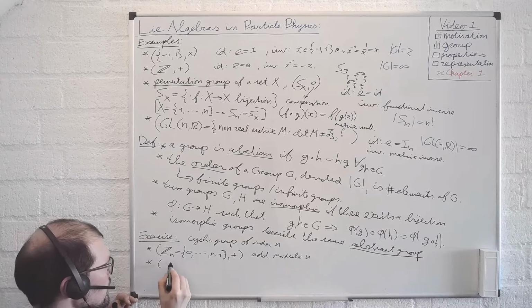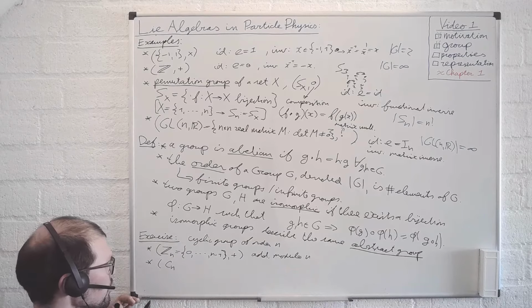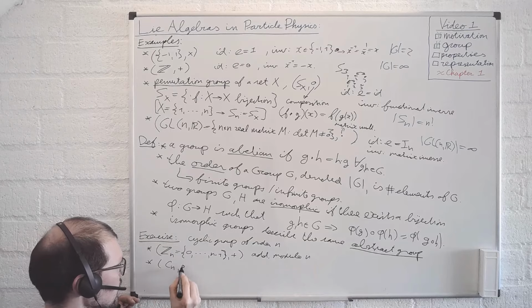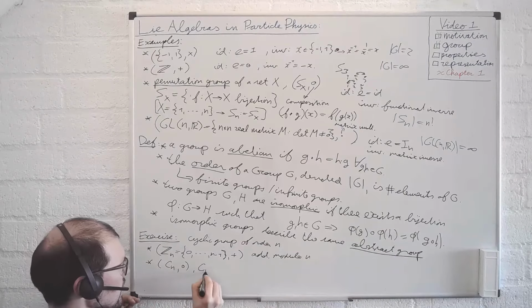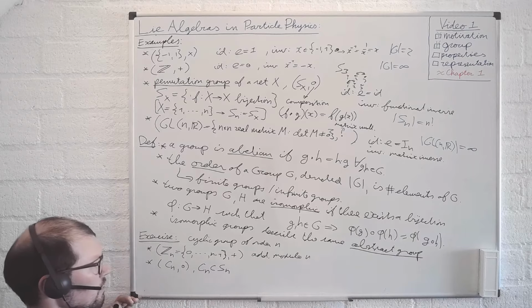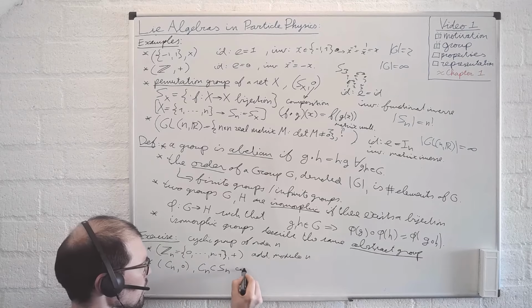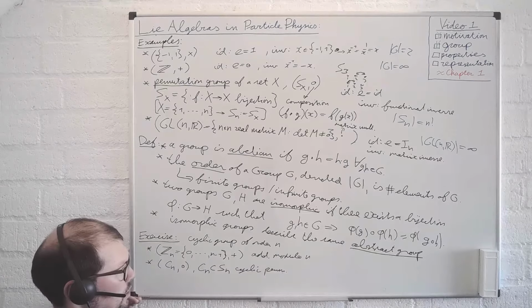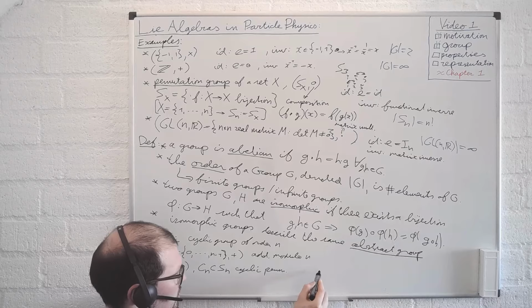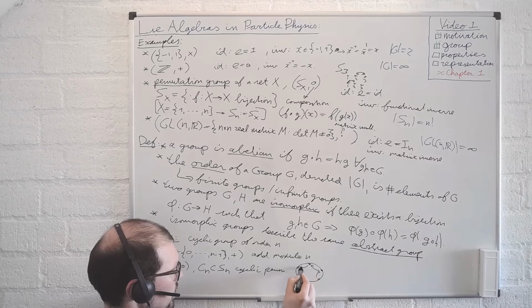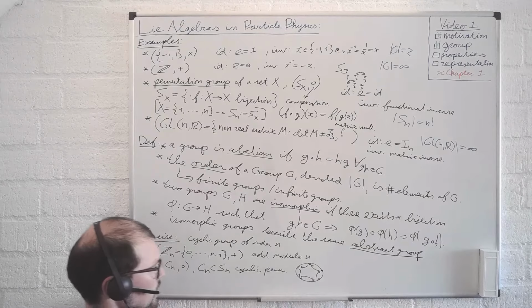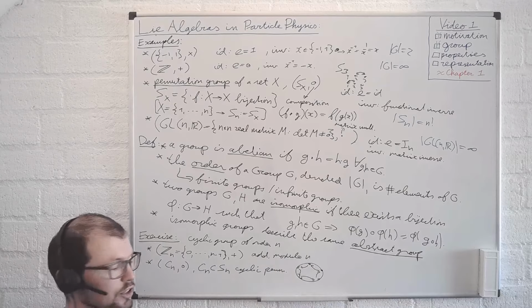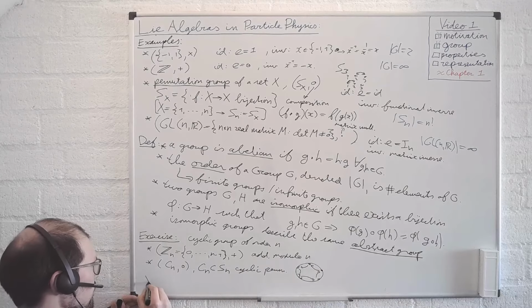But one can also look at Cn as permutations that are cyclic, together with composition. So Cn is really a subset of the permutation group, of cyclic permutations. Cyclic meaning that, for instance, if we look at 5 elements, you're looking at permutations like this, or compositions of such permutations.